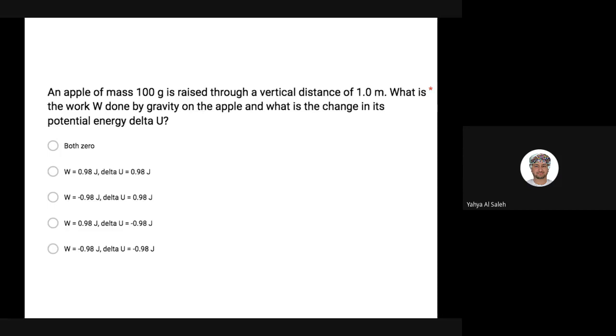I'll give you a minute. Put it into, write it down in the chat screen. What do you think the answer is? Why is no one typing anything in the chat screen?